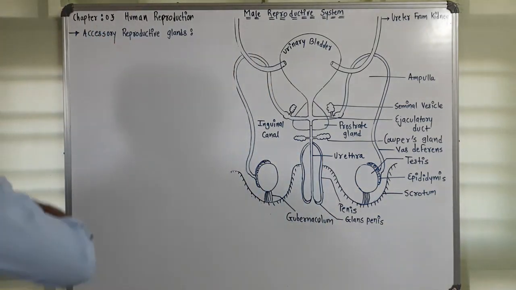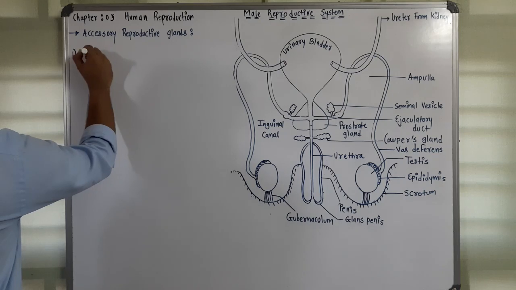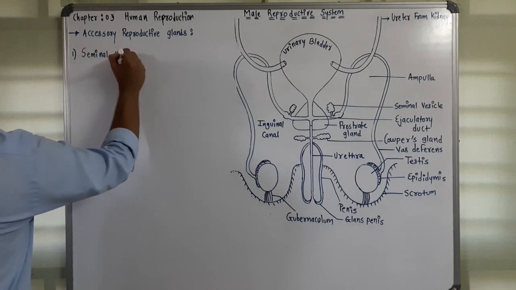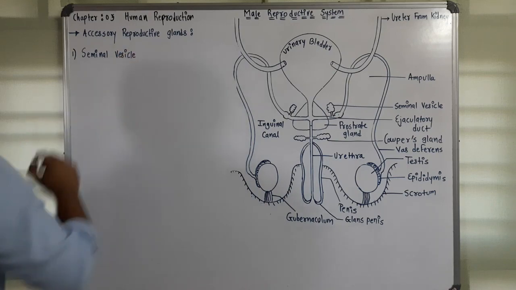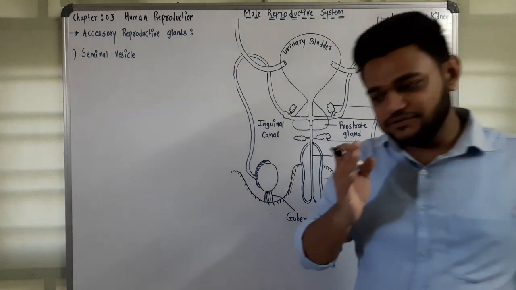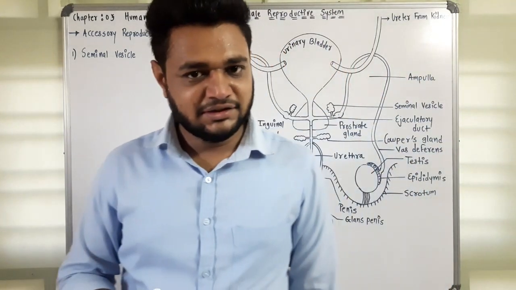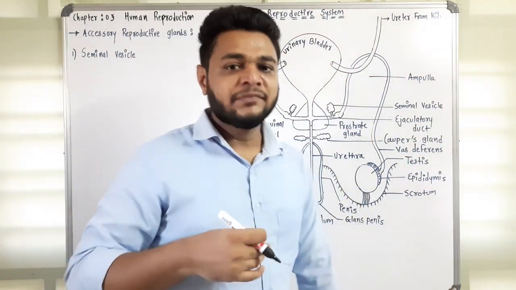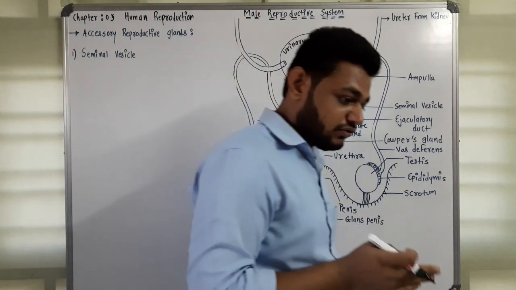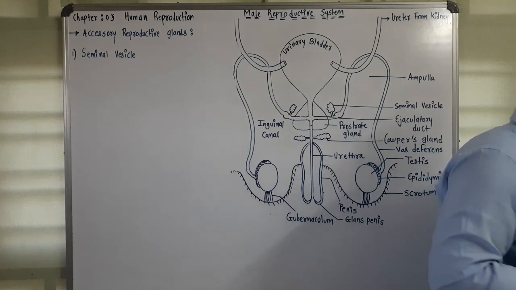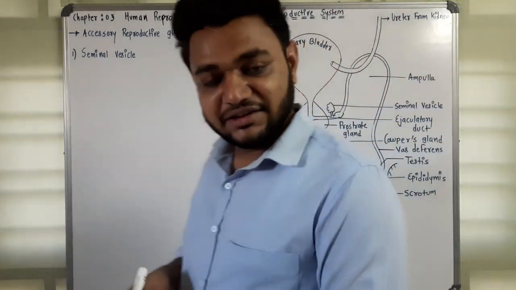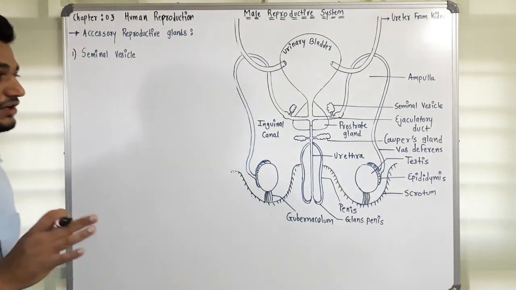See, the first one is the seminal vesicle. The seminal vesicle is formed from the Wolffian duct. The vas deferens is also formed from the Wolffian duct, so you have to remember this. Epididymis and vas deferens are also formed from the Wolffian duct of the embryo.